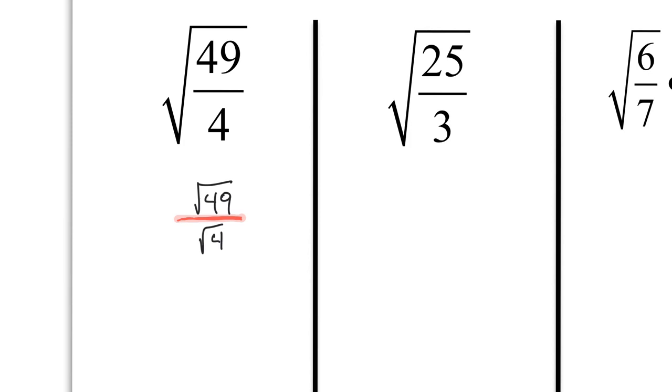So the square root of 49 is 7, because if you square that number, it gives you back the radicand. And on the bottom, 2 squared is 4, so the square root of 4 is 2. So I'm going to put the 7 on the top and the 2 on the bottom. My answer is this fraction.